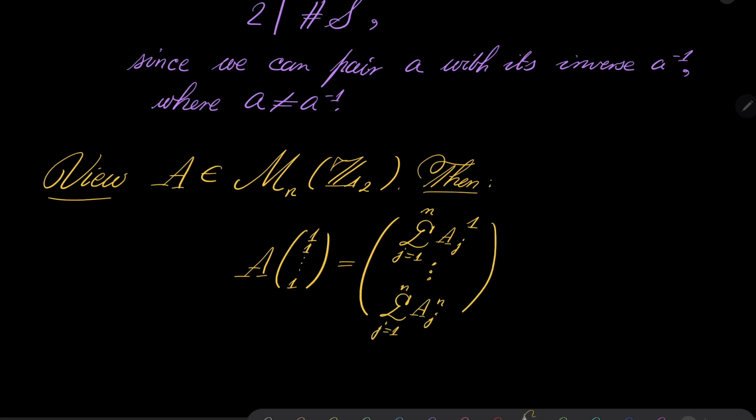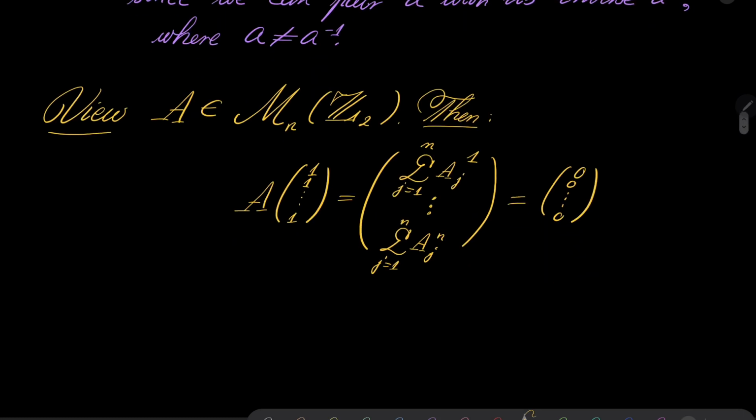Alright, and we have justified that all these numbers are the same and are even. So we are dealing with the Z2 field, so all of them are zeros. Which means, because in Z2 field, any even integer is viewed as 0, any odd integer is viewed as 1, that the vector 1, 1, and so on is in the kernel of our matrix, in its null space, if you wish.